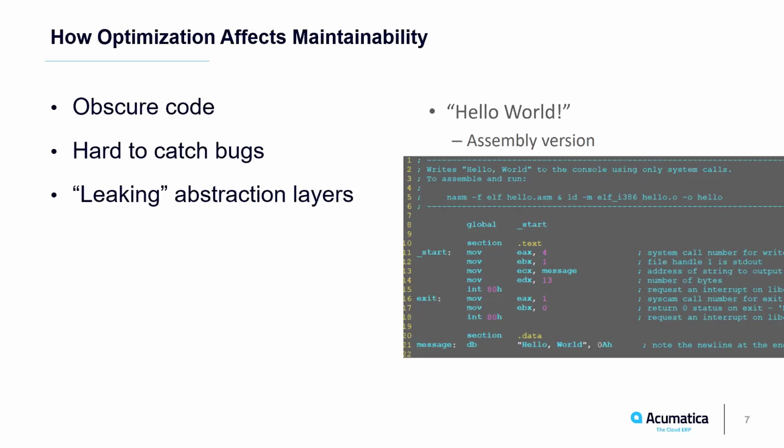So if you compare that with the C# version of that, well, probably it consumes less memory and it loads fewer libraries in memory and stuff like that. And it probably works faster. But it's hard to understand what that code does. It's hard to troubleshoot it, right? So that's one thing that can happen when you introduce some code just to optimize performance. You can end up with obscure code.